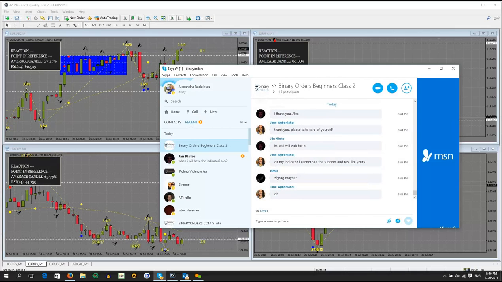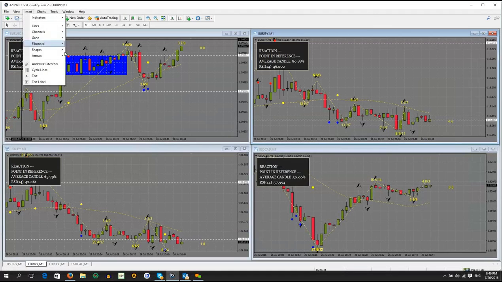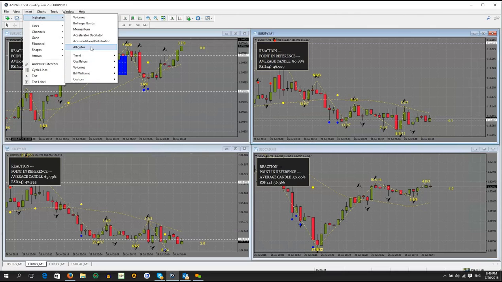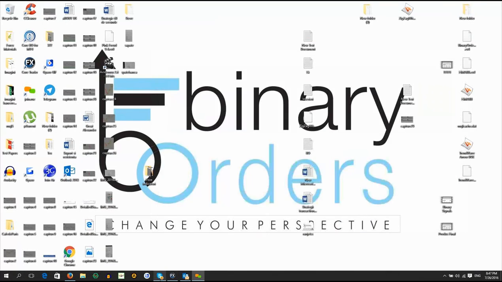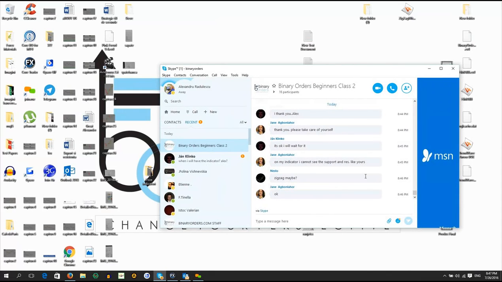The only difference is that fractal shows you an arrow, while Berry support and resistance, which is also a custom indicator, plots the line, the dots. You can find it free on the internet. I also give it to you on Skype, so all of you members have it. But you can use fractals. Fractal is a custom indicator. You can insert it from here, go to indicators, Bill Williams, and you can see fractal here.